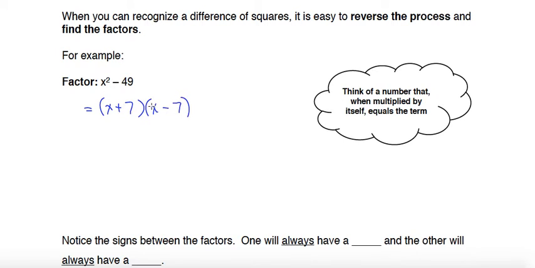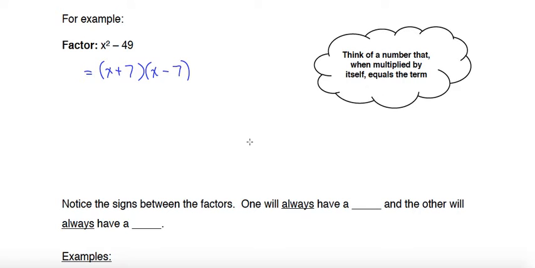You could check this by reversing the process, by FOILing it out. We've done a lot of that in this unit, so I trust that you can do that on your own, and we'll keep going. Notice that the signs between the factors, one will always be an addition, the other will always be a subtraction. So keep that in mind as well.